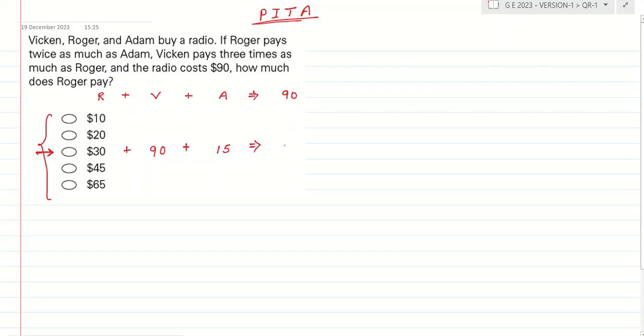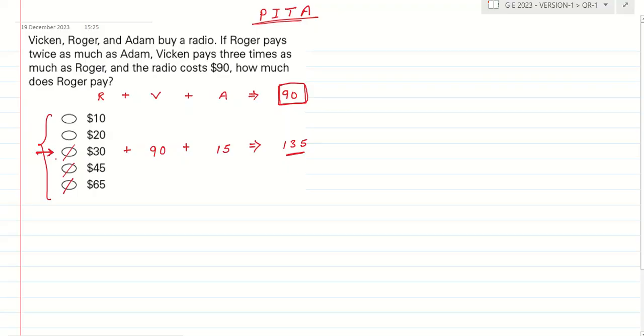More than 90, of course. 90 plus 30 is 120, plus 15, how much? 135. But what should my target be? Altogether 90. It means the addition is much bigger. So should I take Roger's payment less than 30 or more than 30? Less than 30, which means I can eliminate options 45, 65, and 30.